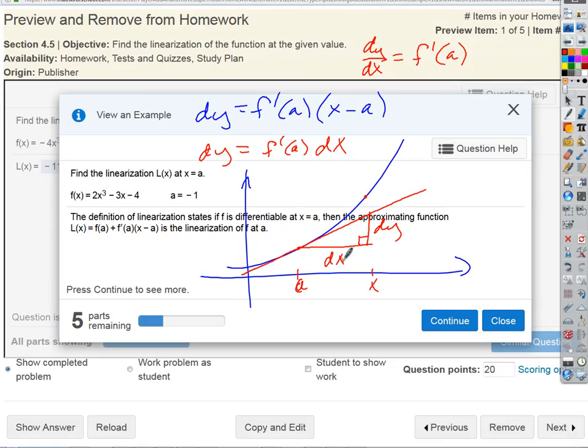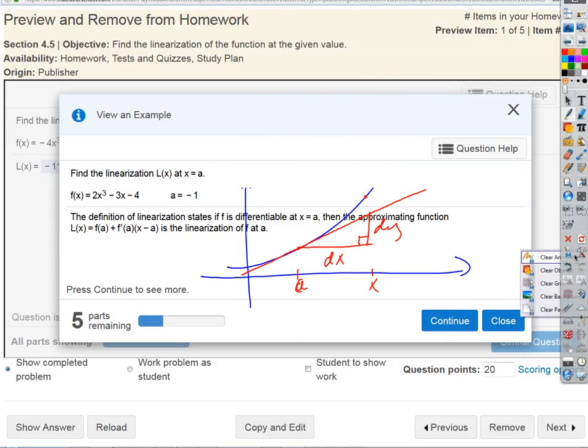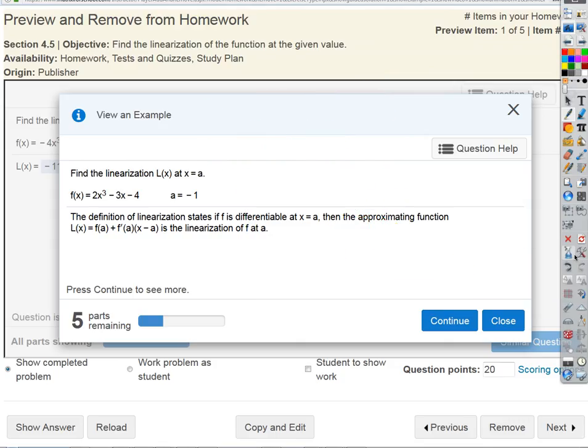So then let's look at a problem like this. What are they wanting us to do here? If this is the function and a is -1 and they want the linearization, well, what really is the linearization? It's just the derivative of the original function times x plus 1.